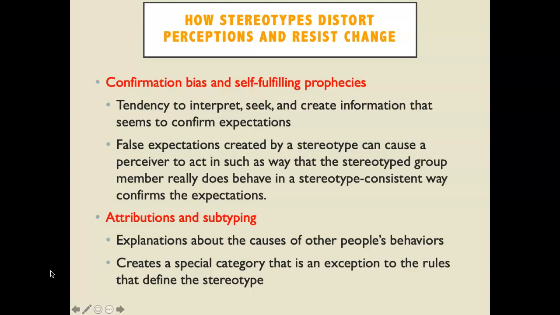False expectations created by a stereotype can cause us to act in such a way that the stereotyped group member really does behave in a stereotype-consistent way that confirms the expectations. So, for example, and we've seen this when we talked about self-fulfilling prophecies in previous narrations, say you have a stereotype about African Americans.